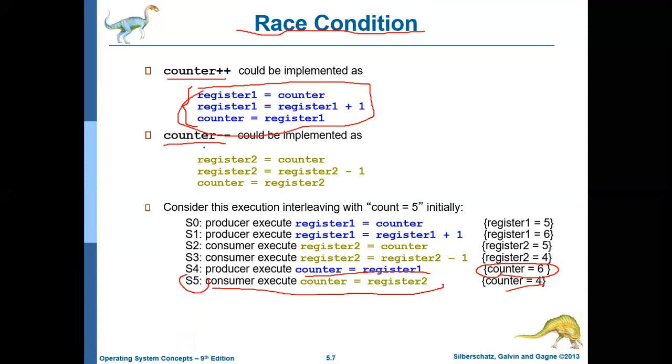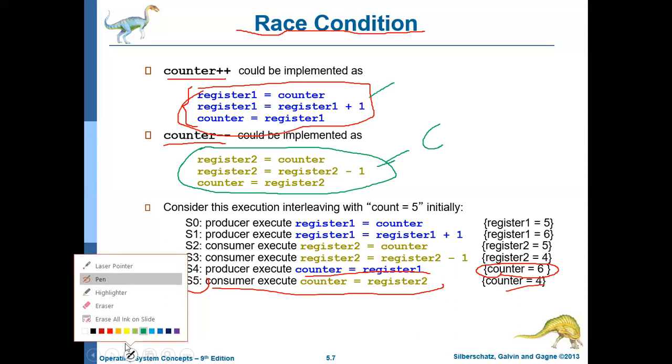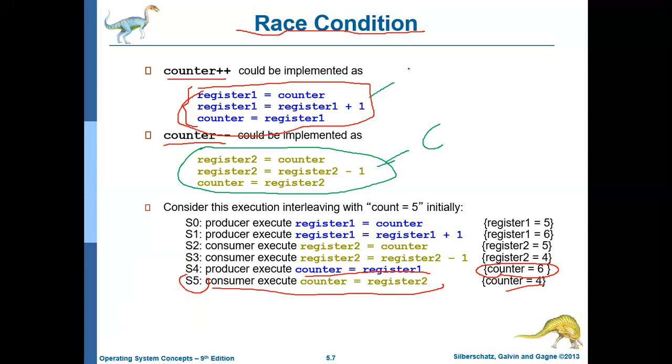So basically this is the code which is creating data inconsistency. This is the code in the consumer process, and this is the code in the producer process that creates data inconsistency.